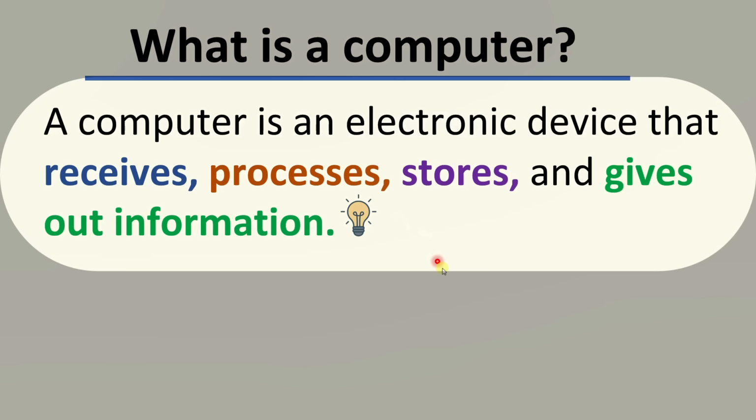A computer is an electronic device that receives, processes, stores, and gives out information. So from this definition, a computer is a device that uses electricity, and it has the ability to receive, process, store, and give you information.